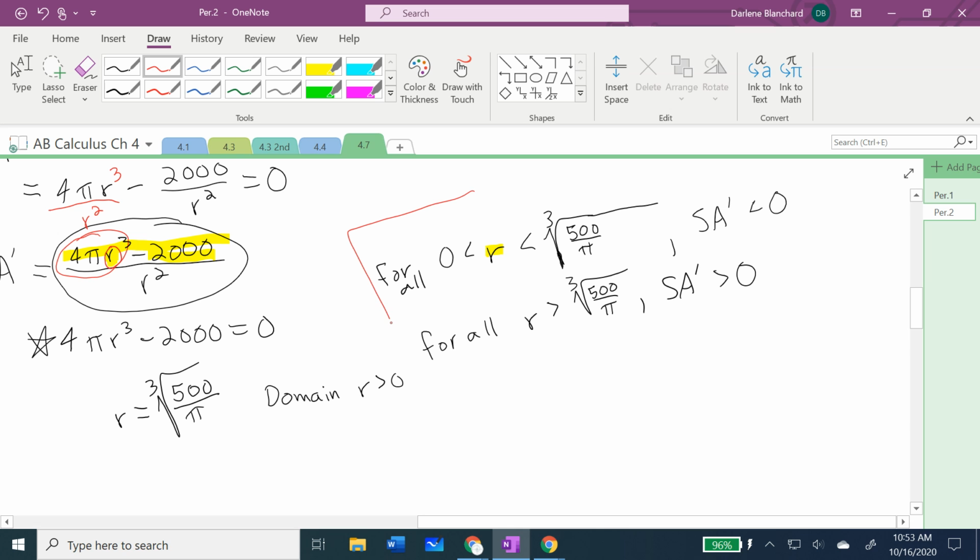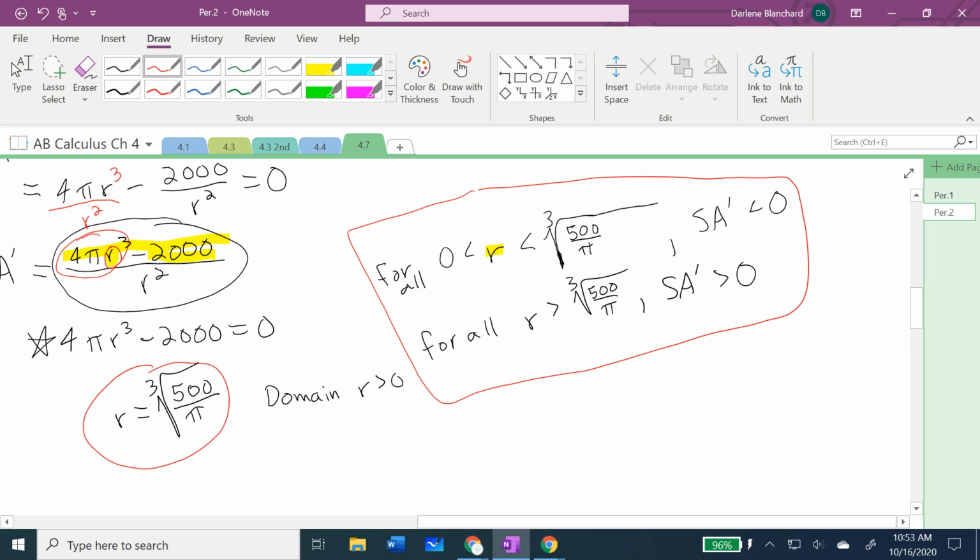This is your justification to then say that the minimum happens at this R. So surface area, and thus cost, is minimized when the radius is equal to that number.